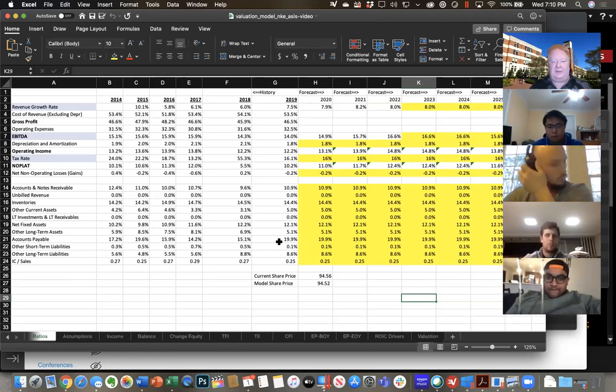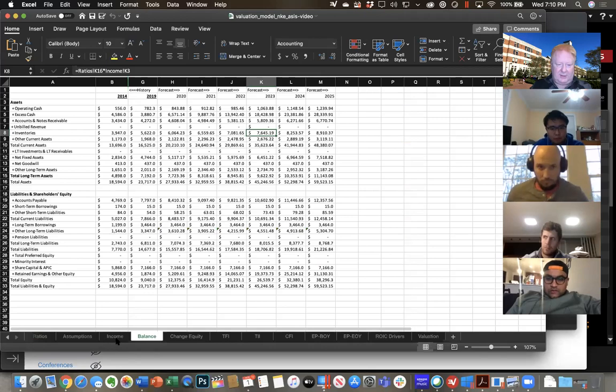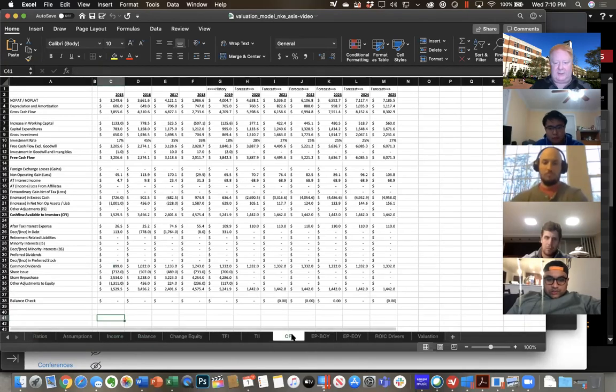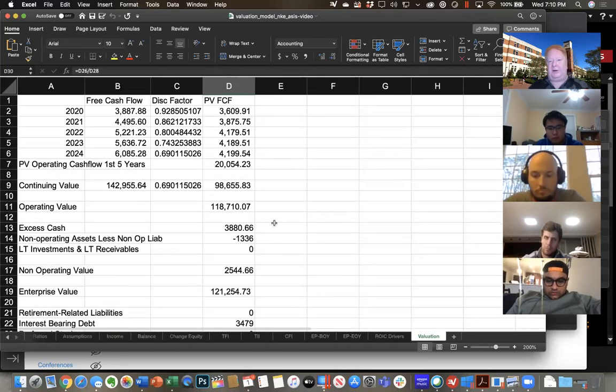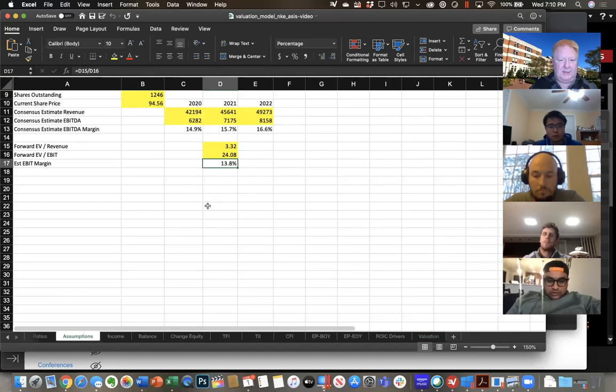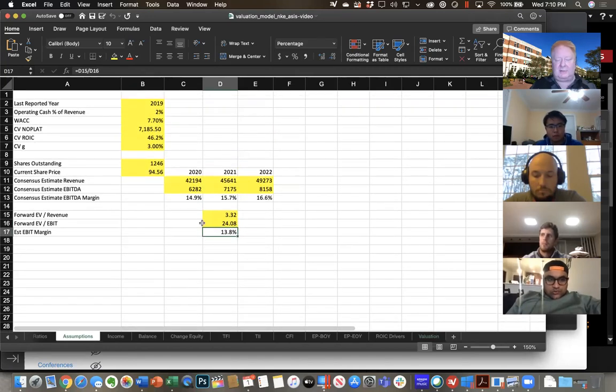If I know the financial statements and the ratios, the ratios create the income statements and balance sheets, which create the cash flows, the CFI, which creates the valuation. Okay? So cash flows lead to price. So the point of the as-is valuation is if we know the price, we should be able to work backwards to get the cash flows. And essentially, that's what you did, again, with the assumptions, in the Nike model.